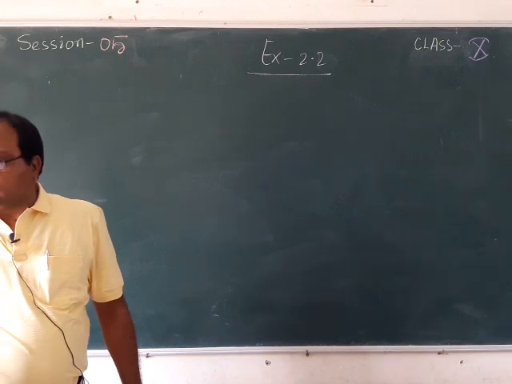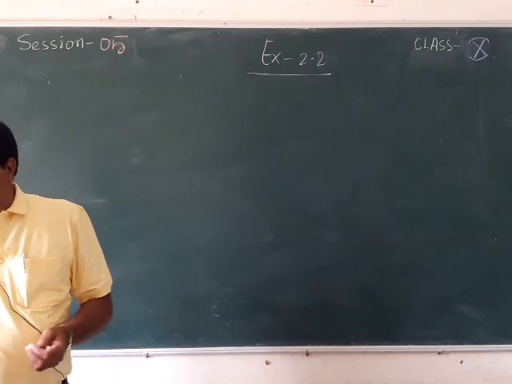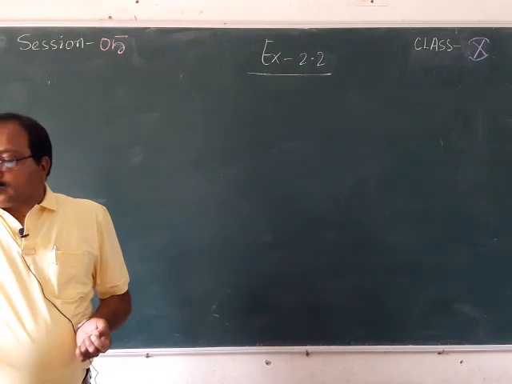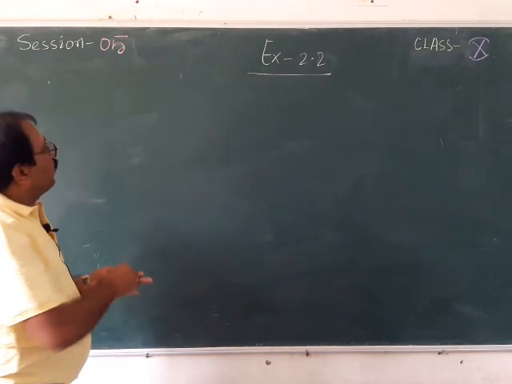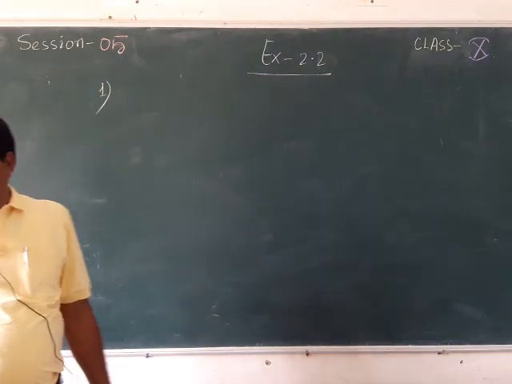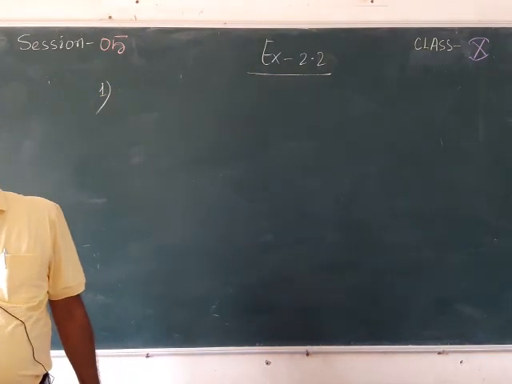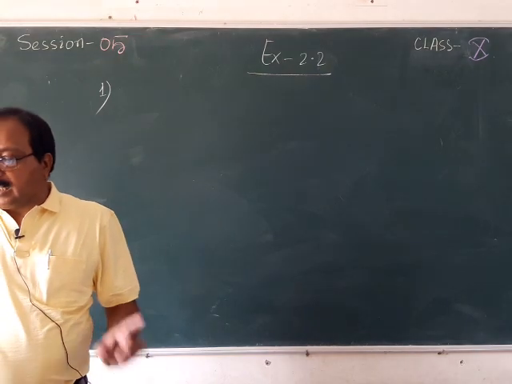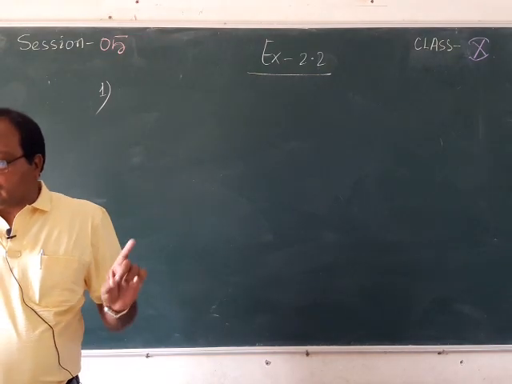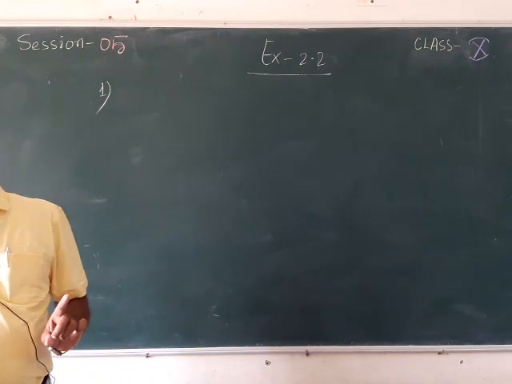Exercise 2.2. Just turn your page and see. This is question number 1. It is written: find the zeros of the following quadratic polynomials and verify the relationship between the zeros and the coefficients.